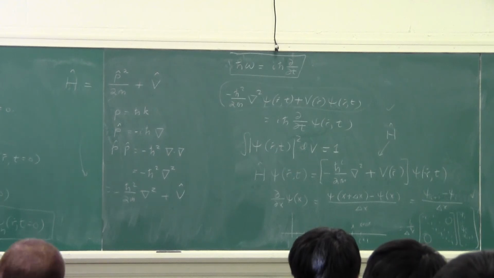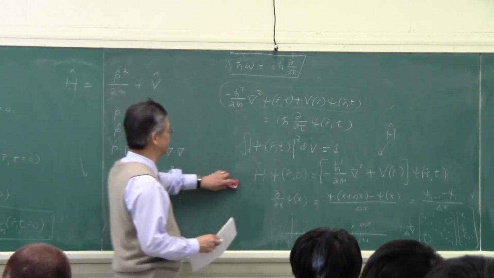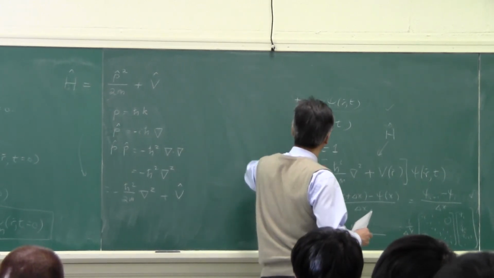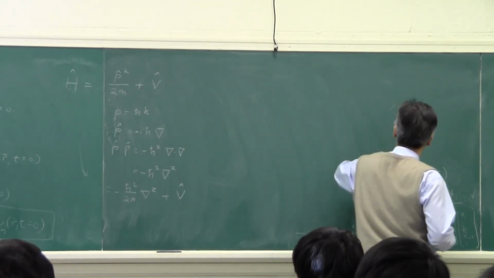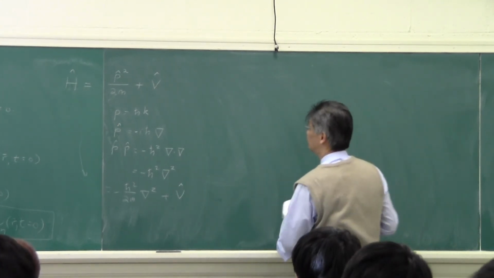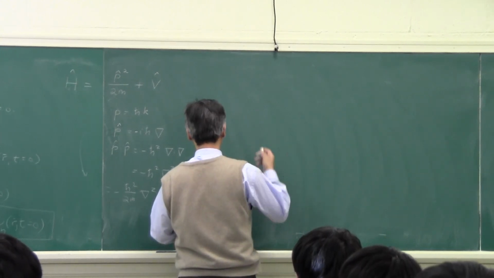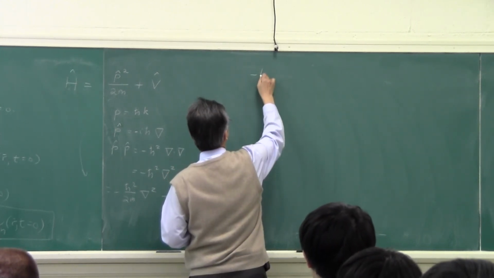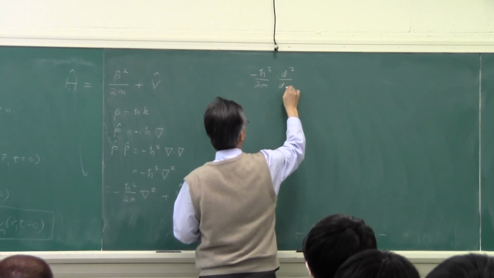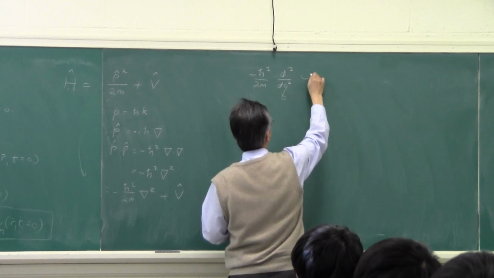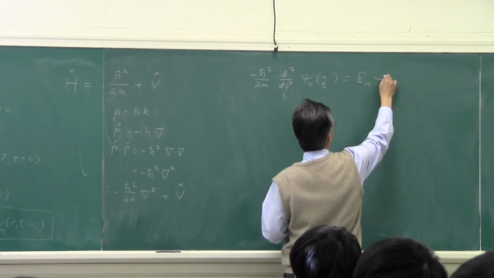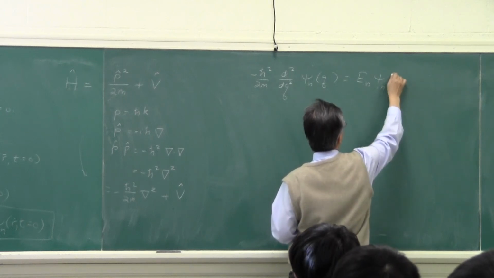So if there's no potential to trap the particle, if the particle is just moving in free space, we have a rather simple equation to solve. Say, if we just have a problem in one dimension, this equation reduces to something that looks like that: H psi n of q is equal to En psi n of q.